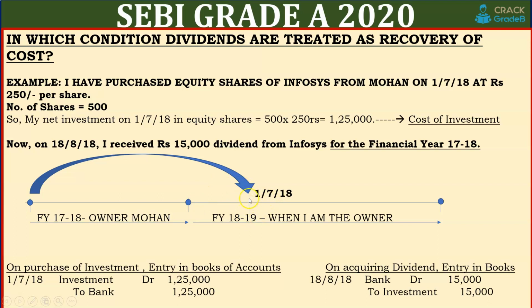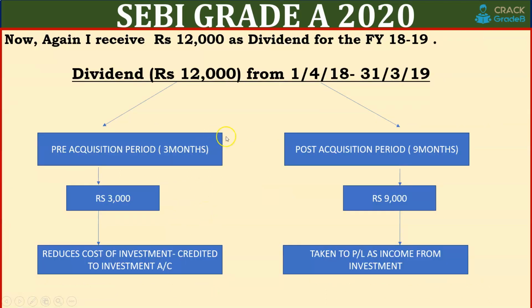So before 1st July 2018, everything was a pre-acquisition period. For these 3 months we were not the owner of the investment, and therefore we will again bifurcate the pre-acquisition and the post-acquisition dividend, because the financial year starts from 1st April 2018 and we are receiving the dividend for the whole year. So here the pre-acquisition period will be 3 months, that is from 1st April 2018 to 1st July 2018.